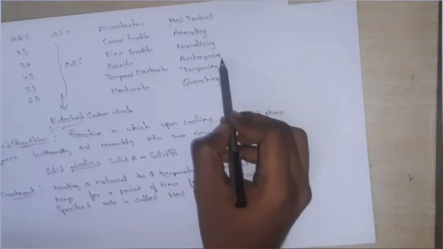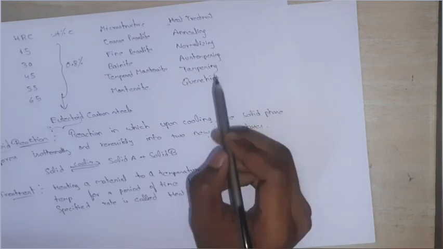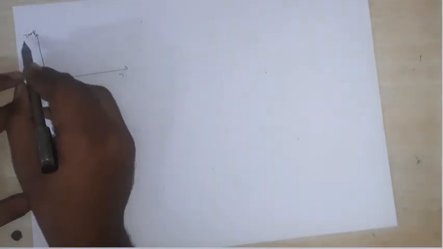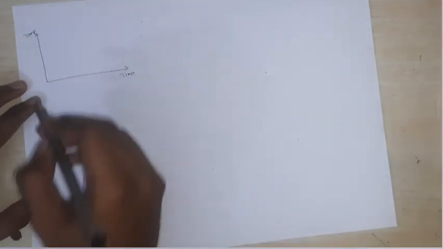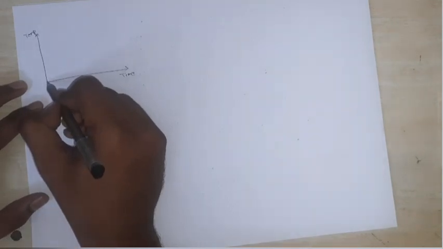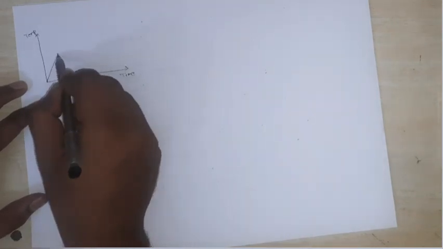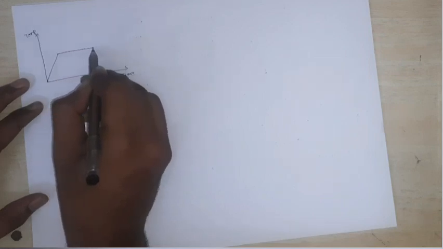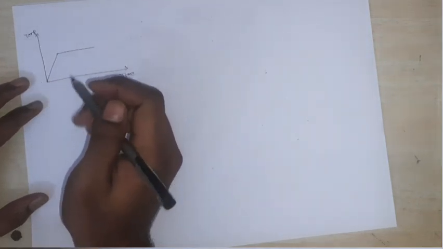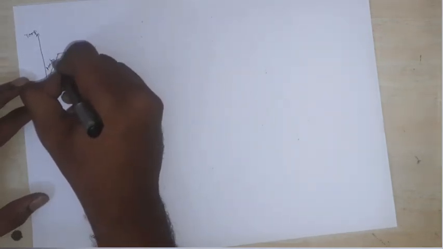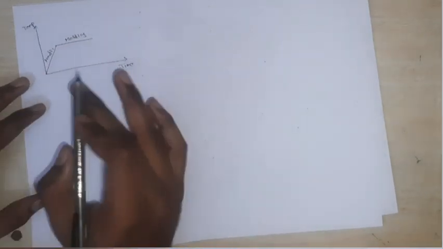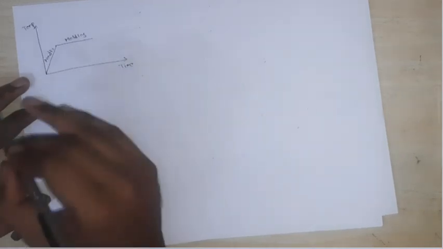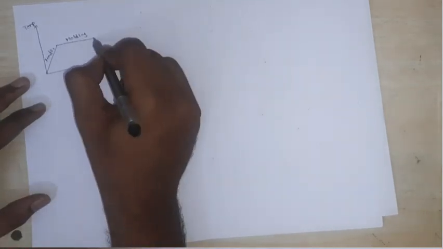If we put all these five heat treatments in a TTT diagram, we get this. The y-axis is the temperature and the x-axis is the time. Let us heat the steel to a temperature and hold. For all the heat treatments, the heating and holding are the same. What differs is the cooling rate.